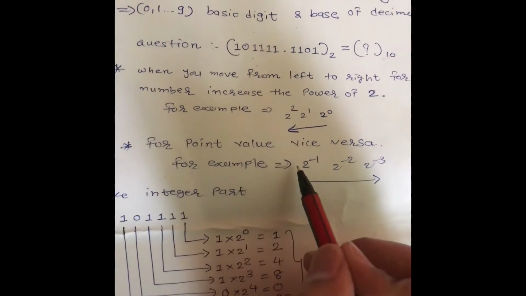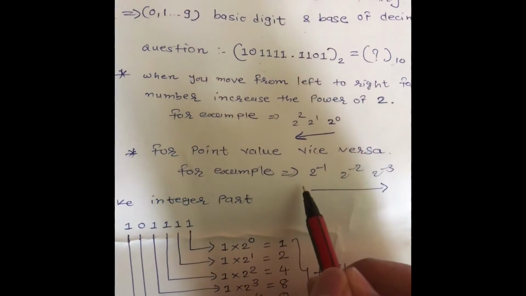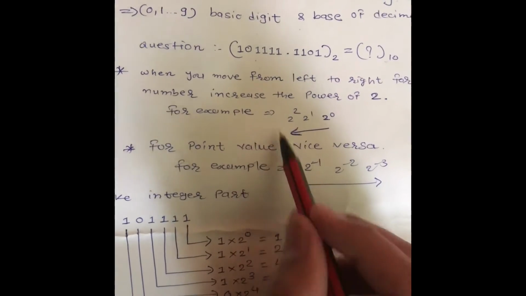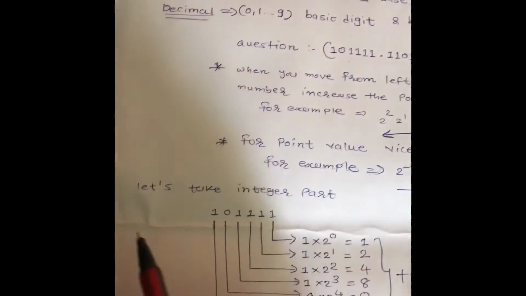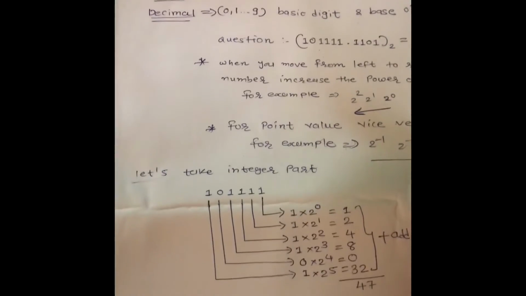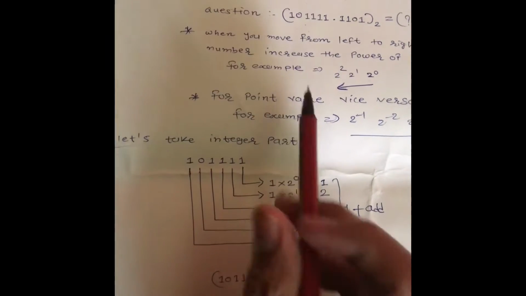When you are moving from left to right, you decrease the power of 2, that is 2 raised to minus 1, then minus 2, then minus 3. You need to remember these two points in order to solve the question. Now let's solve the question. Let's take the integer part first.